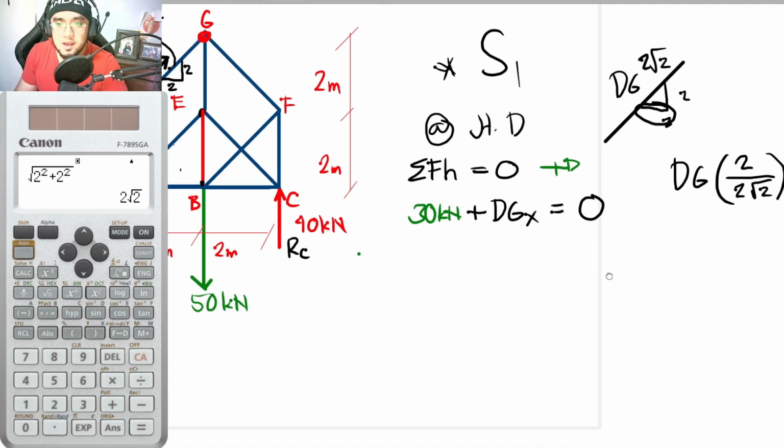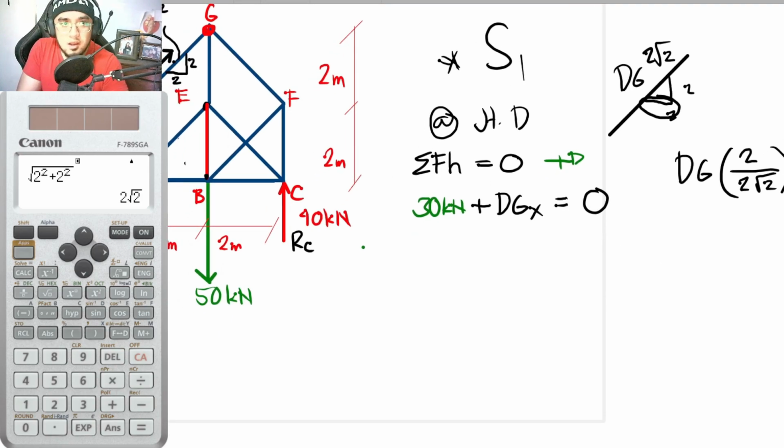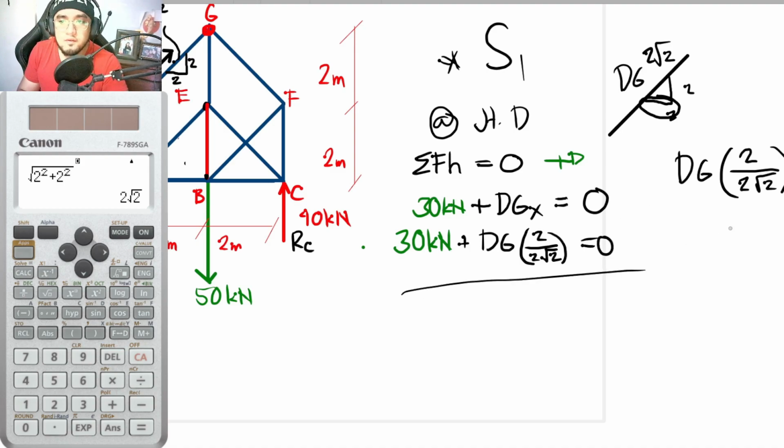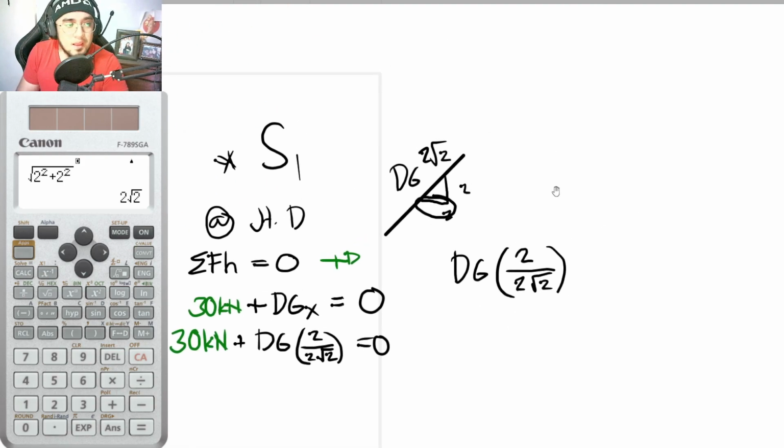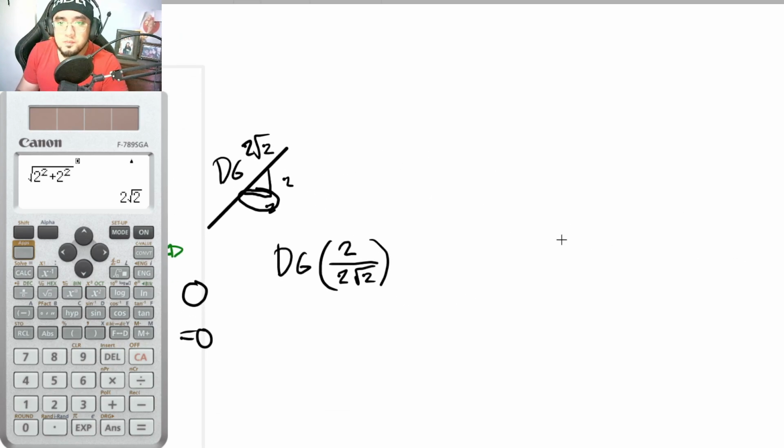So substituting it here, 30 kilonewtons plus DG times 2 over 2 square root of 2 is equal to 0. Before I solve for this, let me explain this further. Suppose that this is now your triangle, or this is now your angle. This is now your bar force DG.